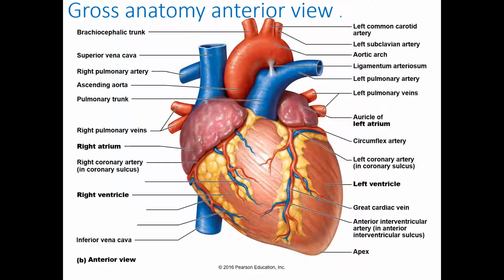Like, for example, left pulmonary artery, left pulmonary veins, right pulmonary artery, right pulmonary veins, things like that. So when we get into looking at blood vessels, you'll see that a lot of them, arteries and veins, are going to share the same name.